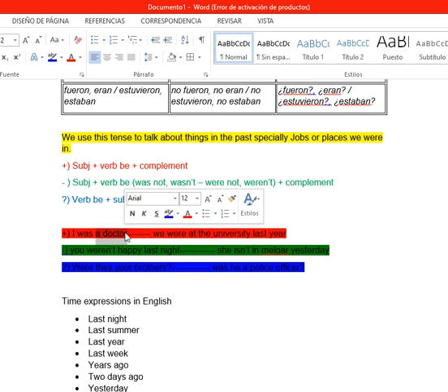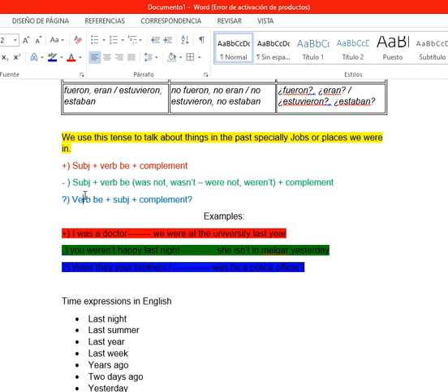Here we have another example of the same affirmative sentence. But let's continue with the negative one. Subject plus verb to be negatively, of course, and then the complement. This verb be could also be called auxiliary. You, that is our subject, weren't, our verb to be negatively, and the rest is our complement.